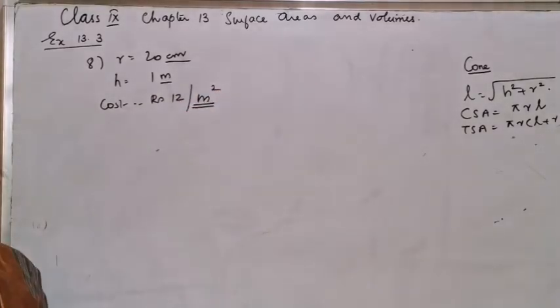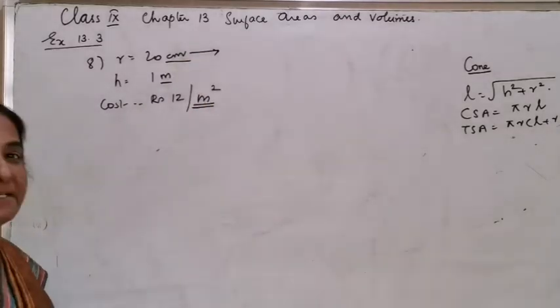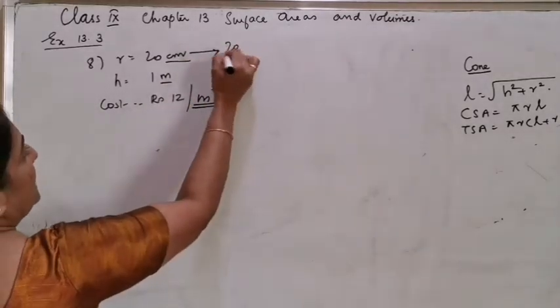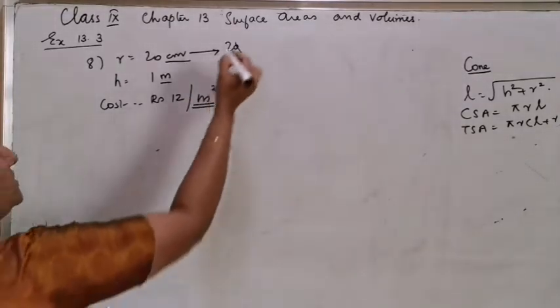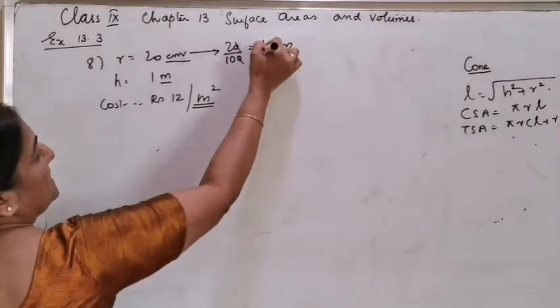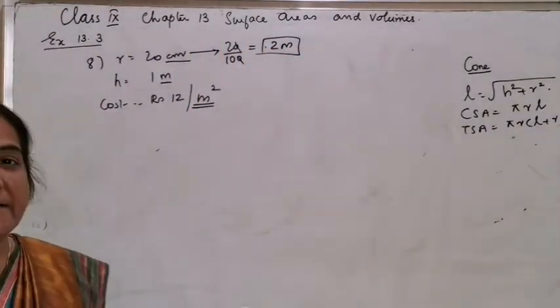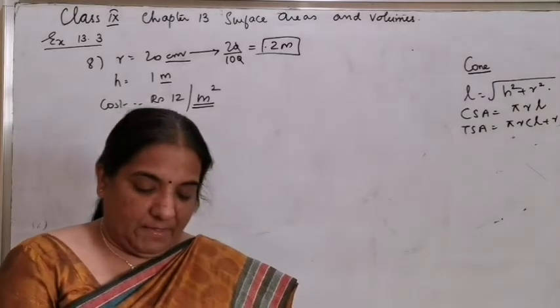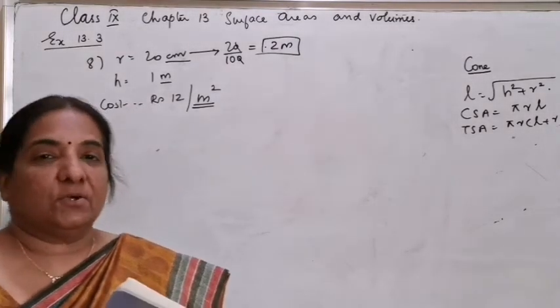Since the cost is given as per meter square, let all the units be in meter. So 20 centimeter can be changed as 20 by 100, which is equal to 0.2 meter. Or even you can leave it as 2 by 10. Find what is the cost of painting all these cones.